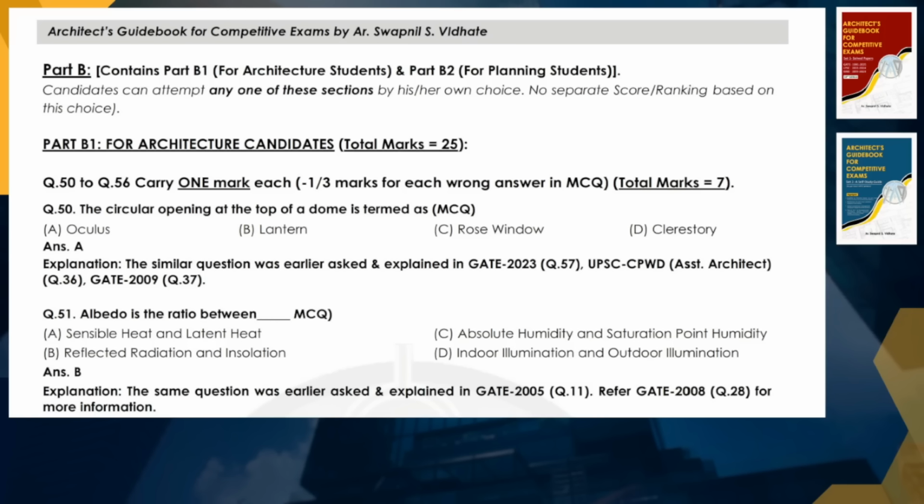Selecting option B was not difficult if you have done careful revisions of set 1. Multiple references for this question were there for the theory related to albedo. What is albedo? It is the ratio of reflected radiation and the insolation. You can read more about albedo in those particular question papers in set 1.